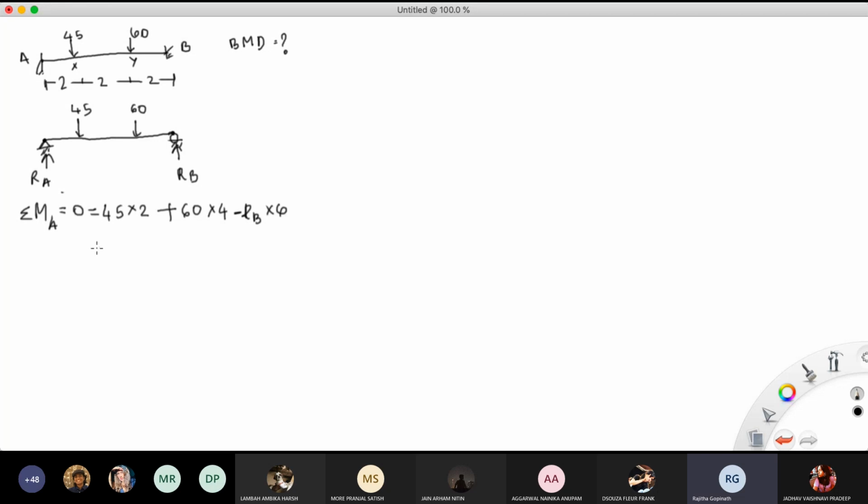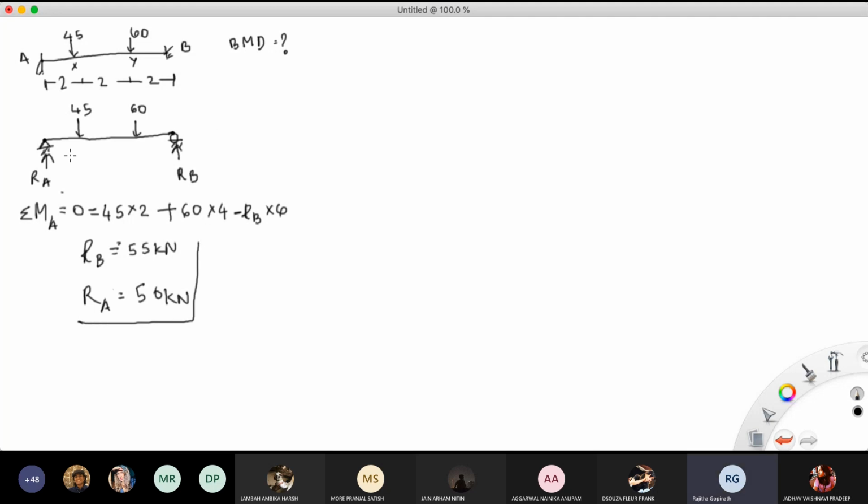So I get RB is equal to 55 kilonewton. Then 55 minus, so 50. So RA is equal to 50 kilonewton. Okay.